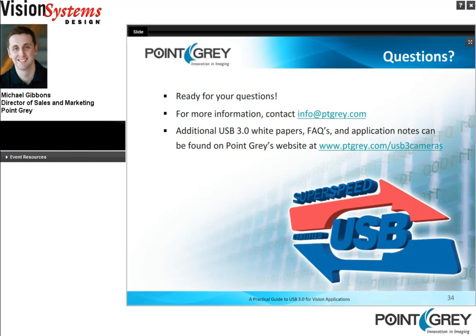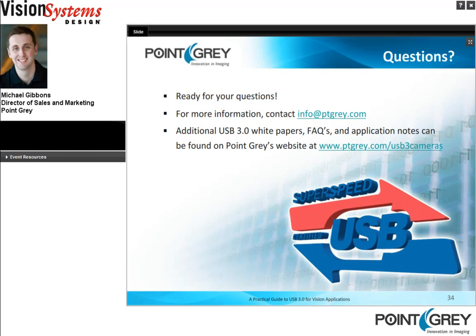Okay. Why have your own SDK when the USB 3 Vision standard is available? Lots of camera vendors provide their own SDK, and one of the main reasons for that is generally they're free.